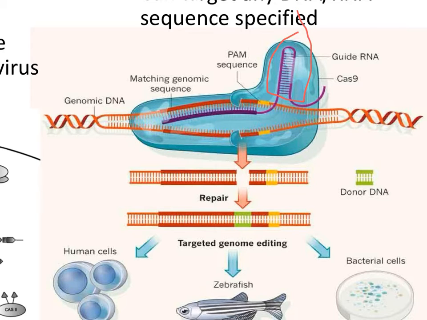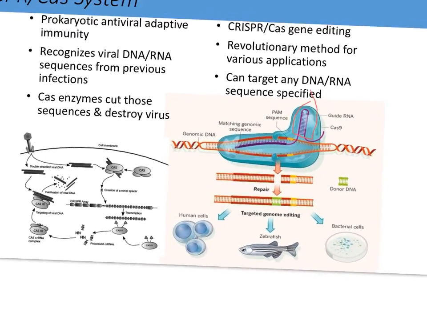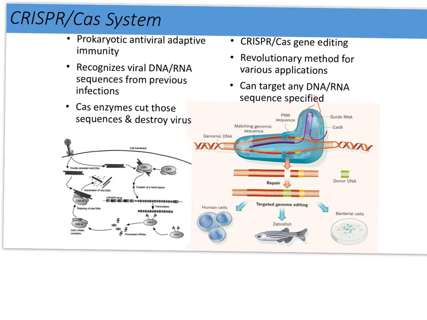Okay, so it's a very, very new technology, and there's actually a big patent fight going on now. You can imagine it can be used for all sorts of things. You can put in new genes like this. You can find out what genes do by knocking them out.